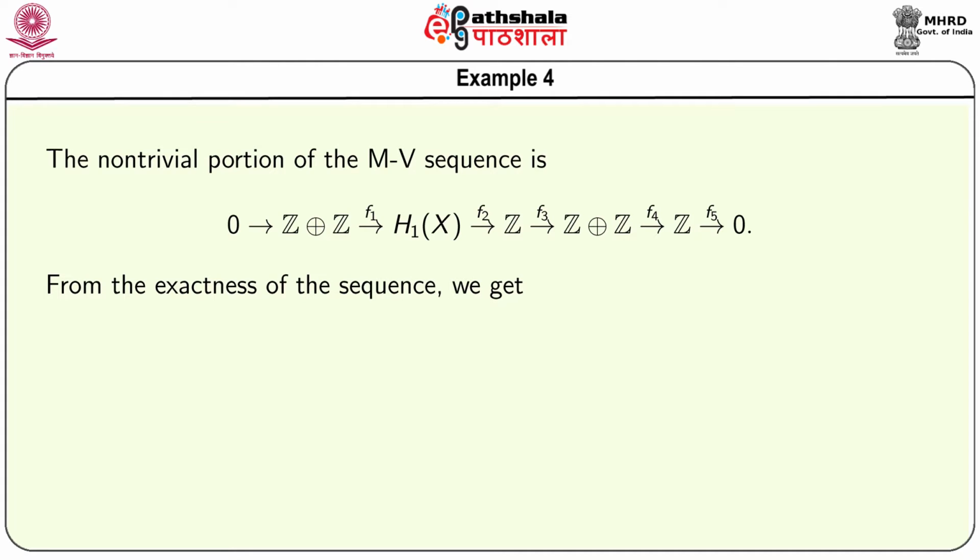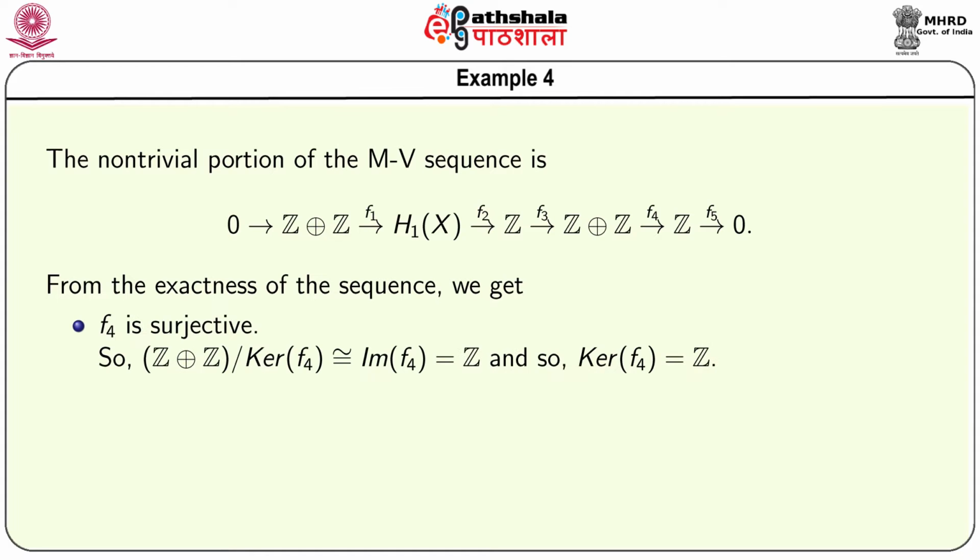From the exactness of the sequence, we now get that F4 is surjective. Now, since F4 is surjective, we apply the first isomorphism theorem there to get Z direct sum Z quotient kernel of F4 is isomorphic to image of F4, that is Z, thereby kernel of F4 is Z.